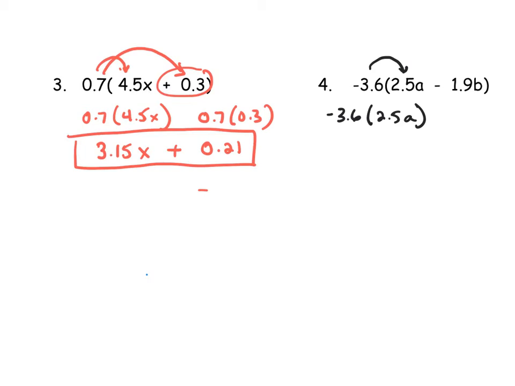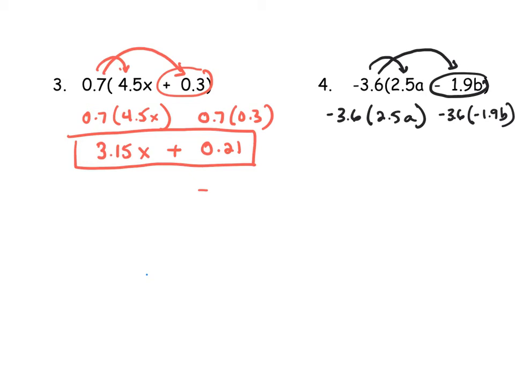Now this is the difficult one because I have to go back, and I sometimes don't recognize this number is also being multiplied, but I take this negative 3.6 and now I have to really pay attention to this sign. It's negative 1.9b.